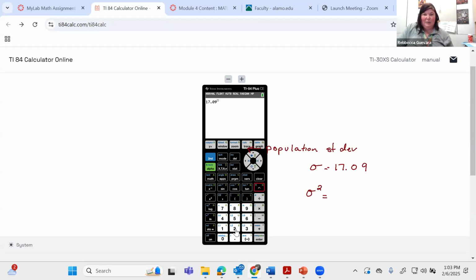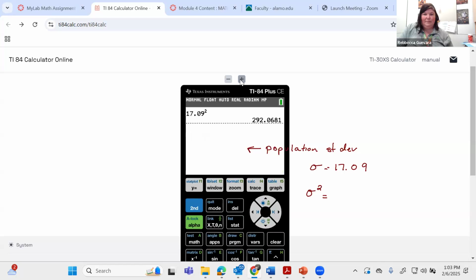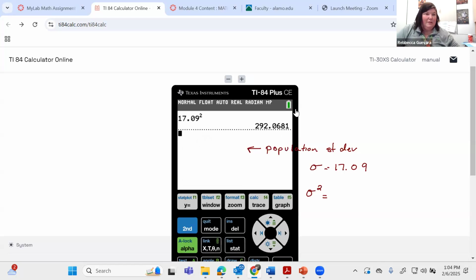I hit that, put in a power of 2, hit enter. So now we see that my population variance is going to be 292 point, we'll say 07.